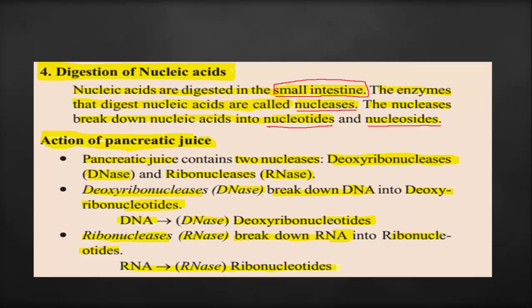When DNA is acted on by the deoxyribonucleases, the products are deoxyribonucleotides. When RNA is acted on by the RNase, the products are ribonucleotides. So both DNase and RNase are the nucleases which are present in the pancreatic juice, but DNase acts on the DNA molecule, and RNase acts on the RNA molecule, and both of them belong to the group of enzymes called nucleases, as they are acting on the nucleic acids.